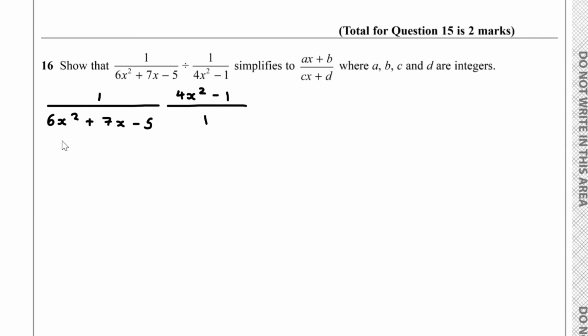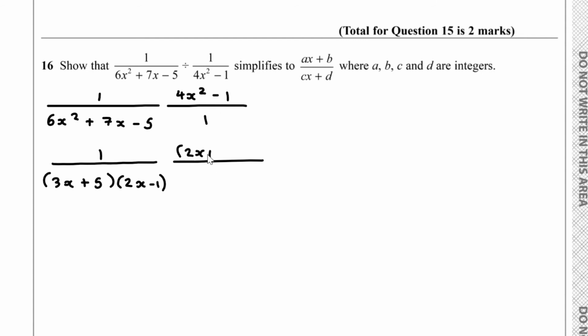We now need to factorise, so we need to factorise the 6x squared plus 7x minus 5 and the 4x squared minus 1. So if we factorise the 6x squared plus 7x minus 5, we get 3x plus 5 lots of 2x minus 1, and we've got the 1 on the top. And if we factorise the 4x squared minus 1 as a difference of two squares, we've got 2x plus 1 lots of 2x minus 1.